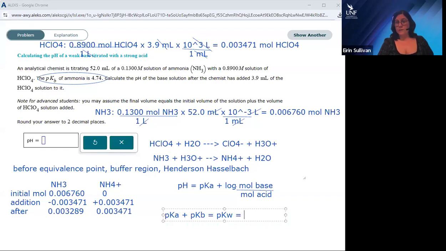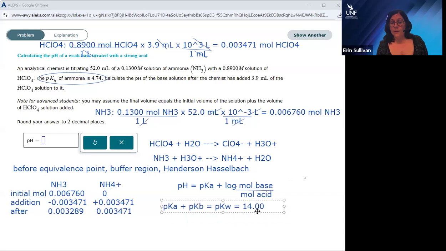So 1 times 10 to the minus 14, do minus log of that, you get exactly 14. So now I can calculate my pKa for ammonium, NH4 plus, is going to be 14 minus pKb for ammonia, which is 4.74. That comes out to be 9.26.